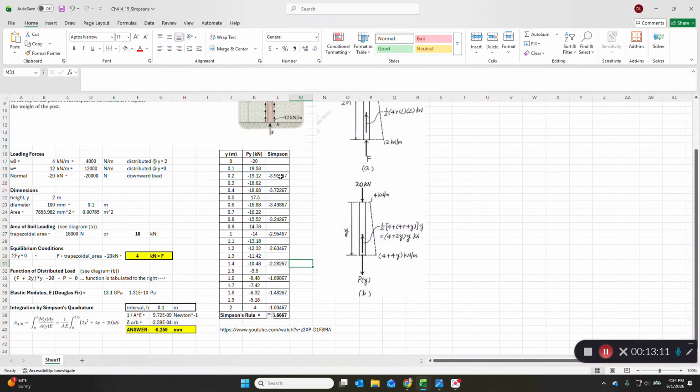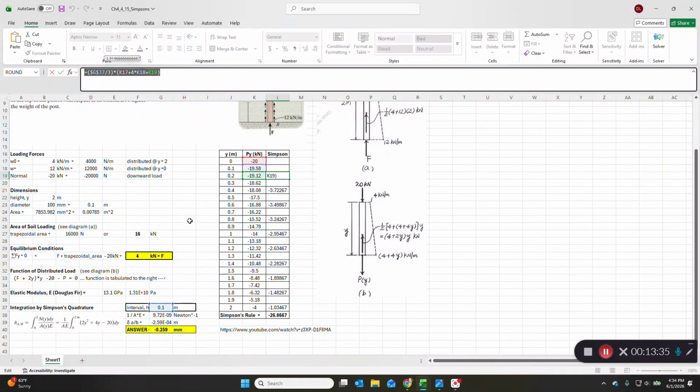But the way you do it is you set up the vectors of your y and your p sub y, and then we have an interval. Well, our interval between each successive change in y value here is 0.1. So for Simpson's rule, what we have to do is take the interval divided by 3, you can see that up here in the formula bar, and then multiply it by the first term, which has to be at y0, plus 4 times the second term plus the third term of the p sub y vector.